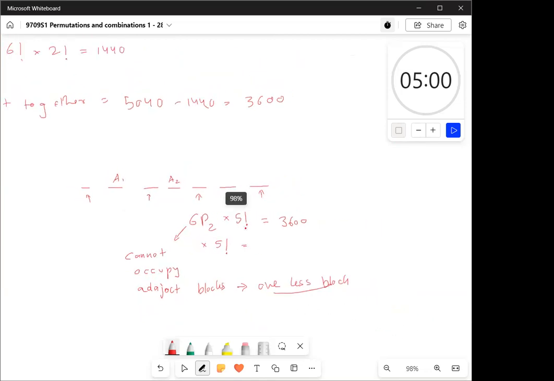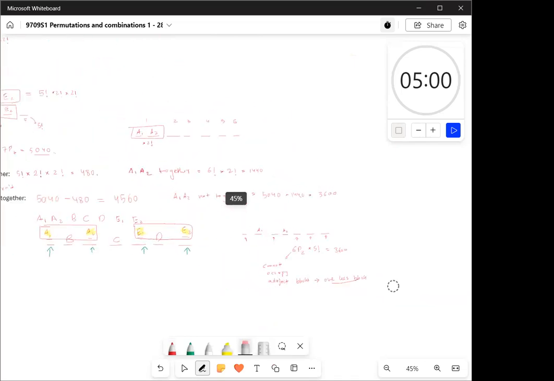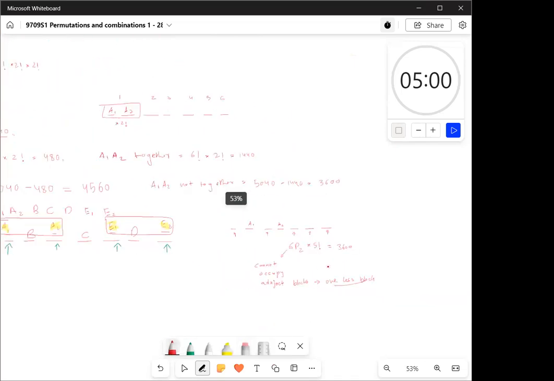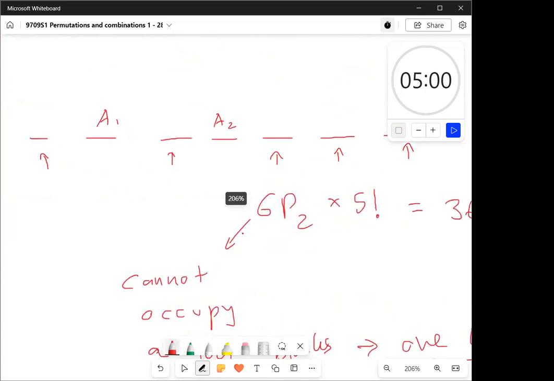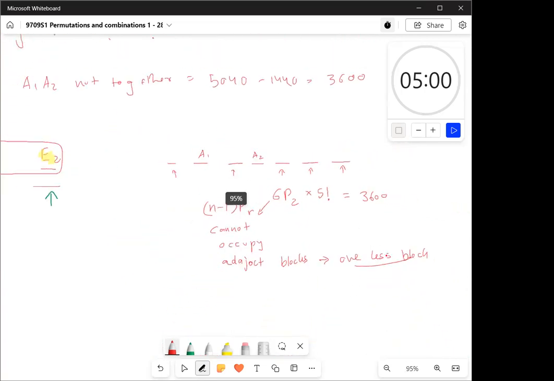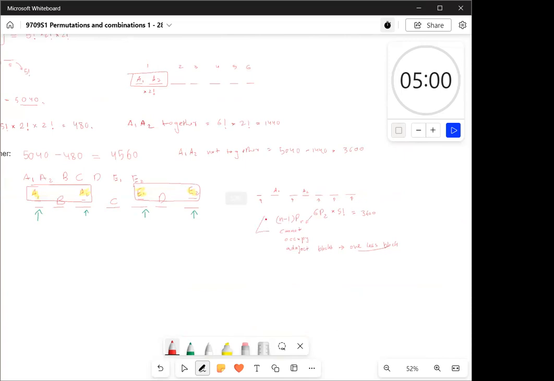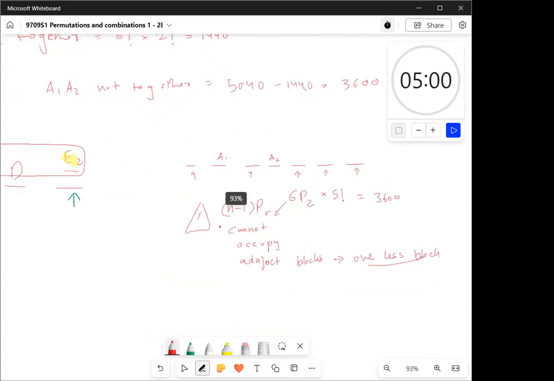So 6P2 times 5 factorial, that's going to be 3600. These were the ways of doing it. Please make sure you remember it. I've taught this so many times before that there should be n minus 1 always. n minus 1 P, then whatever you have. Or they cannot be together. Cannot be together. That's the thing.